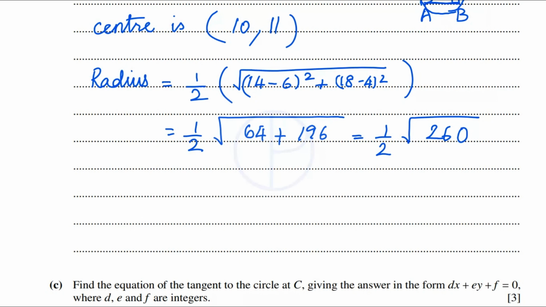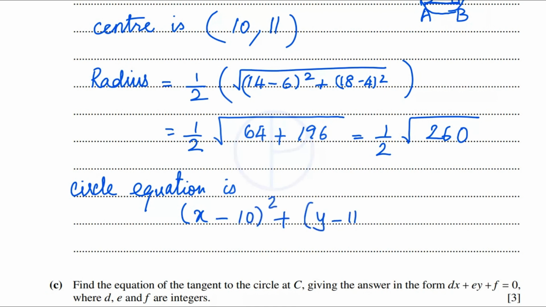Okay, so what is the equation of the circle? Now we know the center as well as the radius. Circle equation is x minus 10 the whole square plus y minus 11 the whole square equal to 1 over 2 multiplied by square root of 260 the whole square.